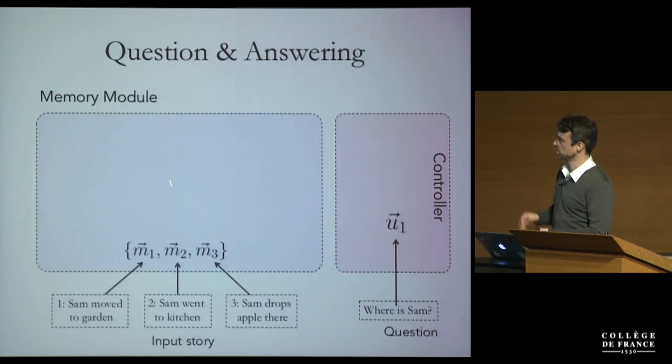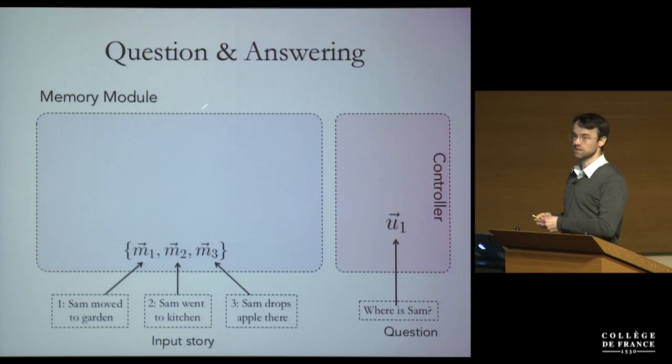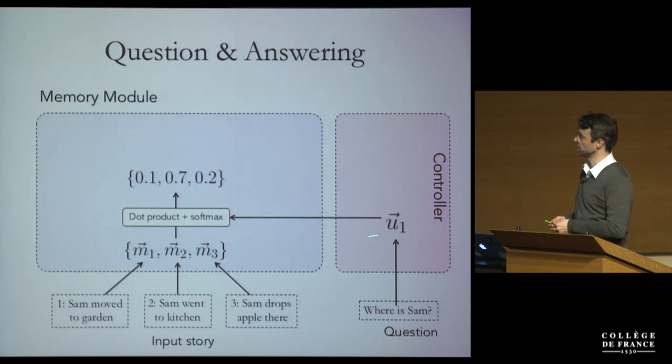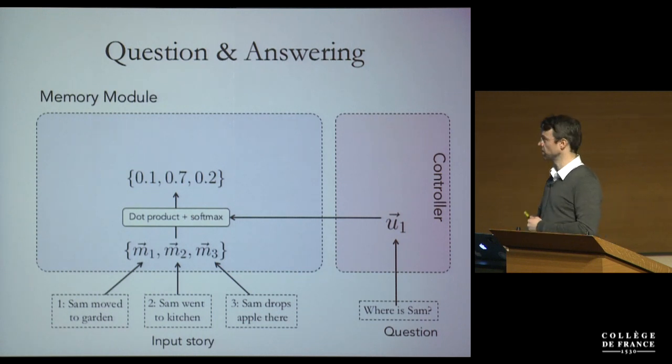Okay, so just to see how we put it all together, let's run it through for that little example for the question answering. Each of those sentences through that bag of words approach is going to become a different memory vector. You've got the question, so that will also be embedded through some representation that we learn to create the initial hidden state of the controller, U1. And then we're going to do our dot product and softmax operation, and then we get some kind of weighting out of that across the different memory vectors that we have.